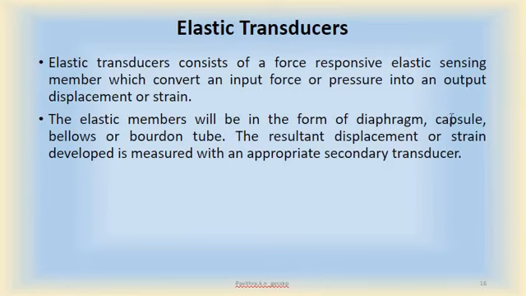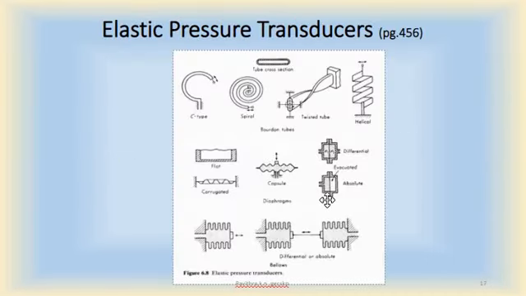Primary is the diaphragm, bellows or Bourdon tube, that is the basic elastic transducer, and the secondary transducer is required to convert the output of this primary transducer to a corresponding electrical signal or to some other form by which we can understand the input. So these are the various types of pressure transducers.